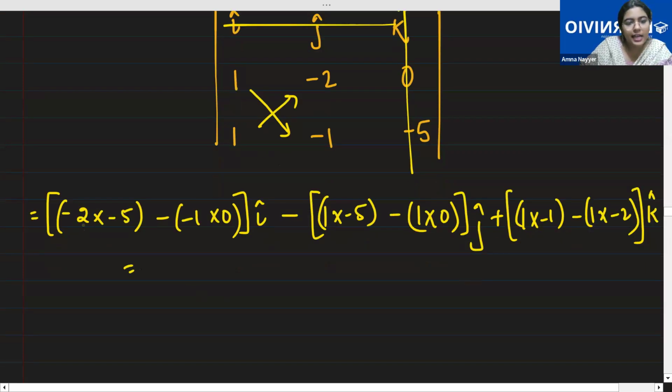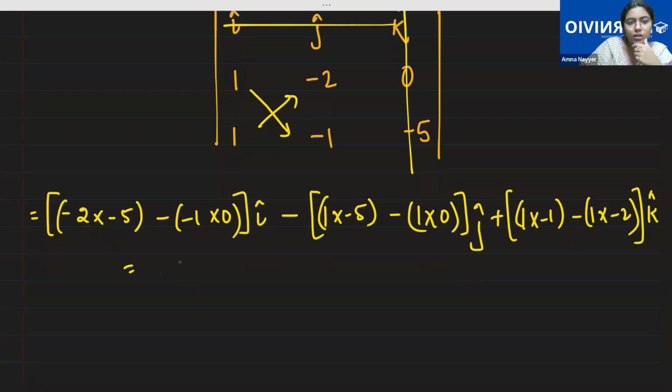So this can be written as minus 2 times minus 5 is minus 10, this is 0, so actually plus 10 i cap. For j cap, this is minus 5, minus, this is 0.